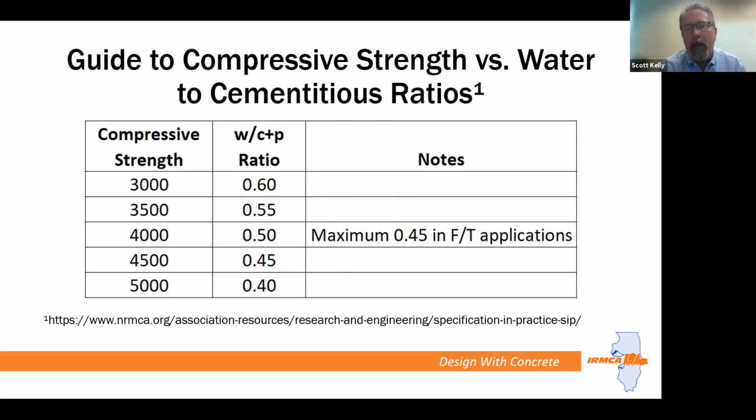This is taken basically out of the NRMCA's specification and practice series, and it's a basic guide related to strength and water cementitious ratios. We often see unusual specifications. An example is to specify a 3,000 PSI concrete mixture with a 0.4 maximum water to cementitious ratio.